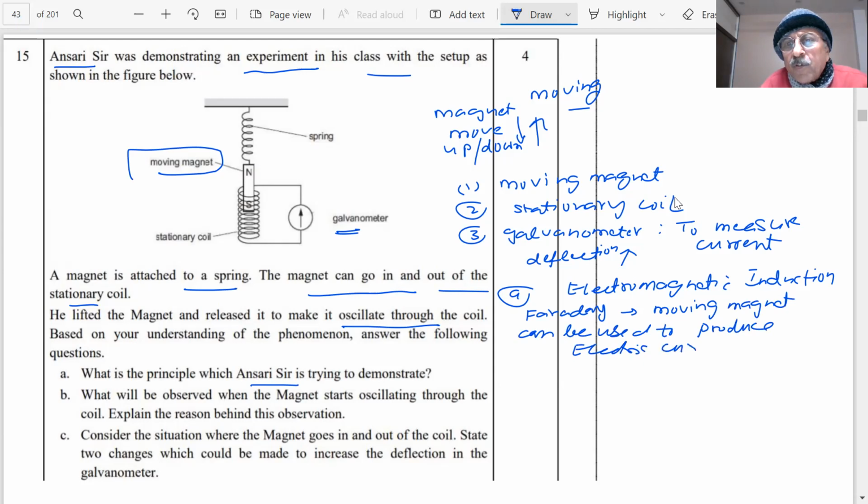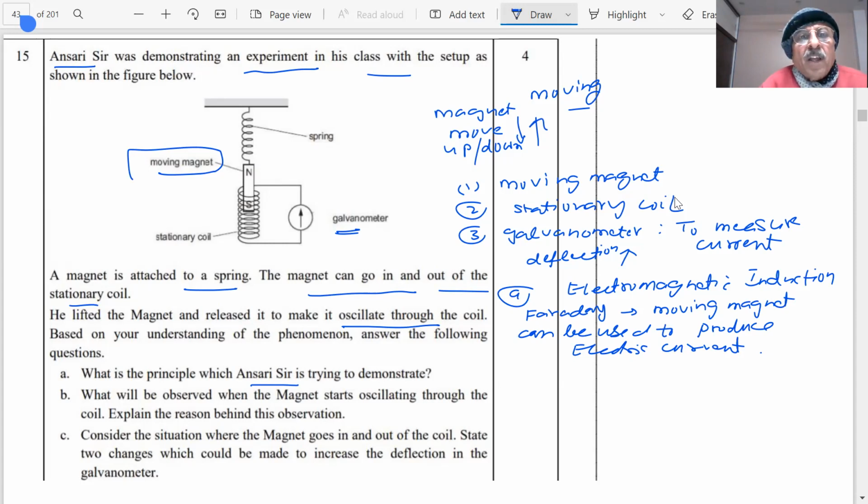Electric current is induced, student. When the magnet moves, what will happen? The magnetic field lines will be changing. There will be a change in magnetic field, and this will induce a current. That is the principle of electromagnetic induction, student.